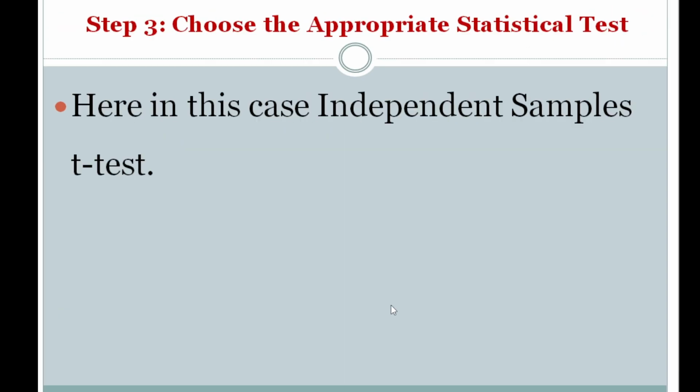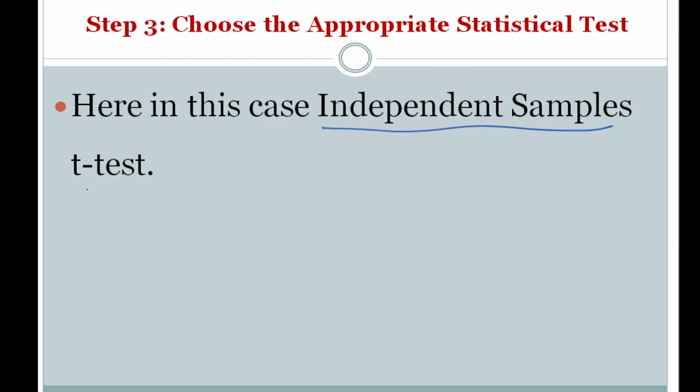Now coming toward the third step. Third step is choose the appropriate statistical test. Now we will choose an appropriate test based on our data, based on our null hypothesis and alternative hypothesis. So in this case, we will use independent sample t-test.